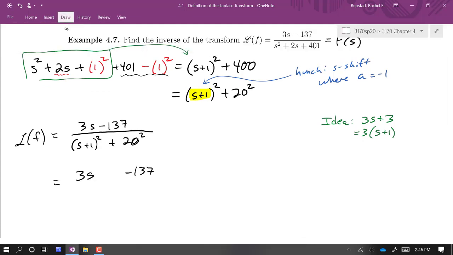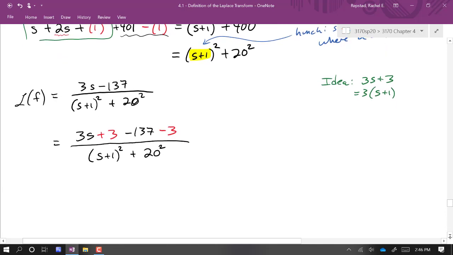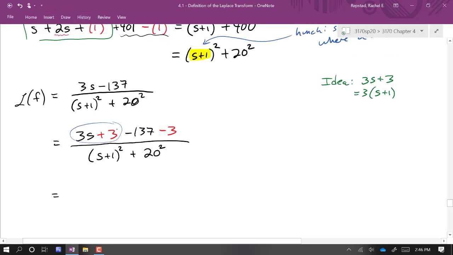I'm going to add 3, and I'm going to subtract 3. Now I'm going to rewrite this part here as 3 times s plus 1.